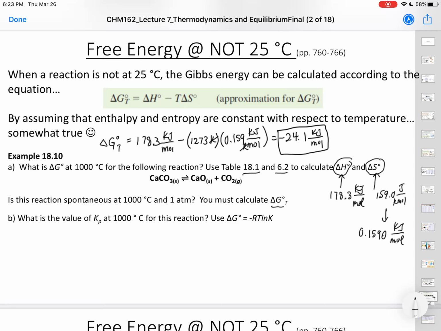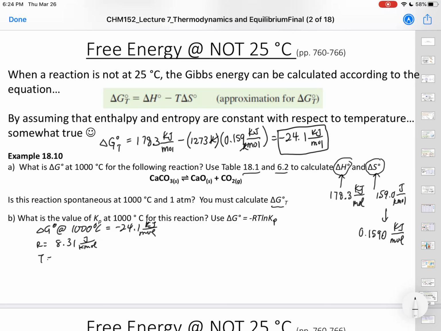All right, part B says, what is the value of Kp at 1,000 degrees? So you need to use your delta G equals minus RT ln of K. Remember that we need to solve for Kp here, right? So basically, delta G at 1,000 degrees Celsius is equal to minus 24.1 kilojoules per mole, which is what you solved for.